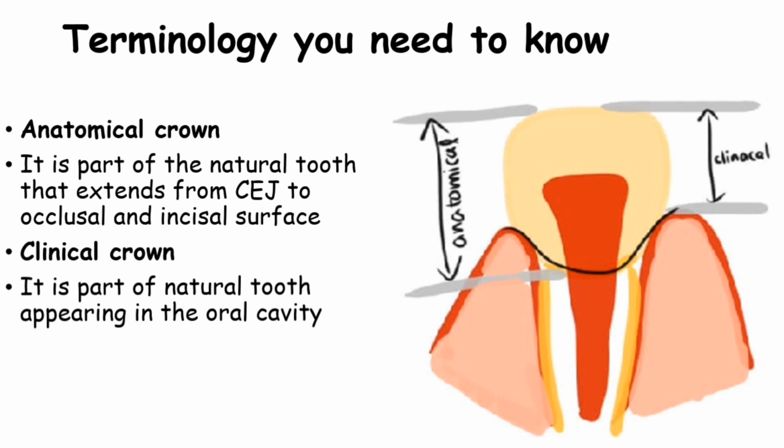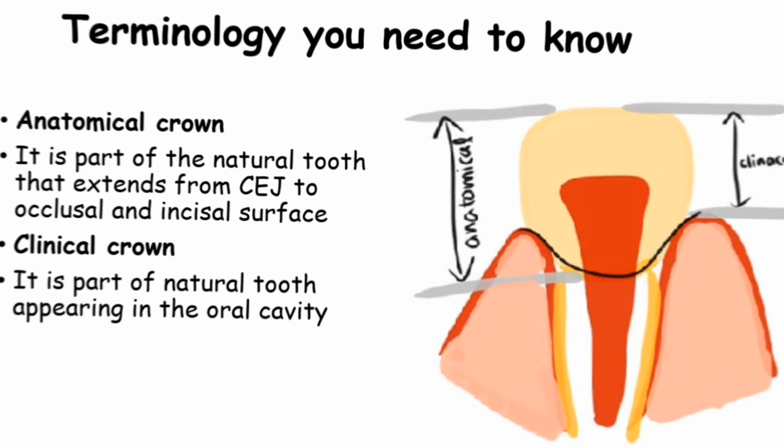The anatomical crown is the crown that extends from the cemento-enamel junction to the occlusal or incisal surface. In this picture the arrows show the anatomical crown, extending from the cemento-enamel junction to the incisal surface. But the clinical crown is the one which is visible, from the gums to the tooth incisal surface.